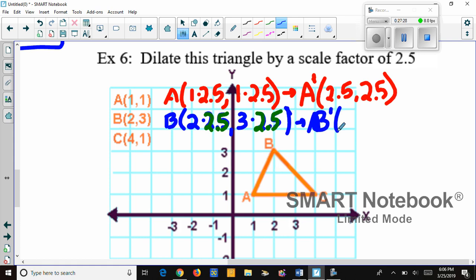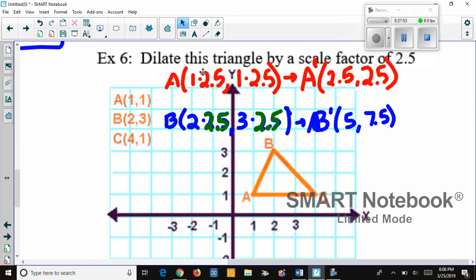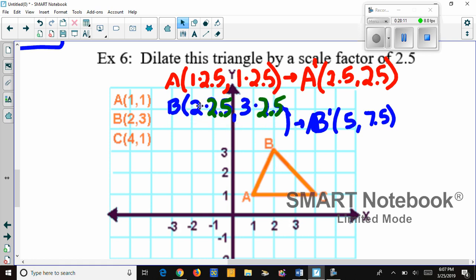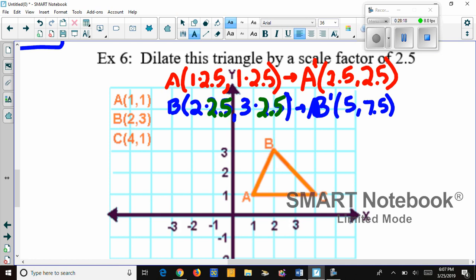Let's see, 2 times 2.5 is 5. 3 times 2.5 is, let's see, 7.5. Let's go ahead and find C prime.